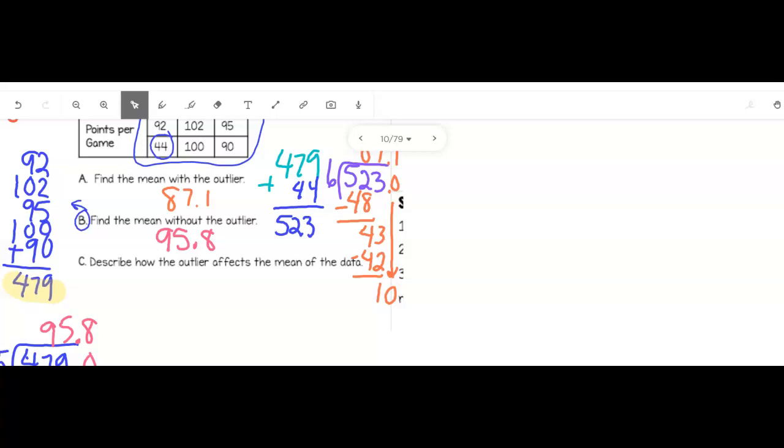So what did that outlier do to our average? Well, we're going to write in that the outlier, describe how the outlier affects the mean of the data.